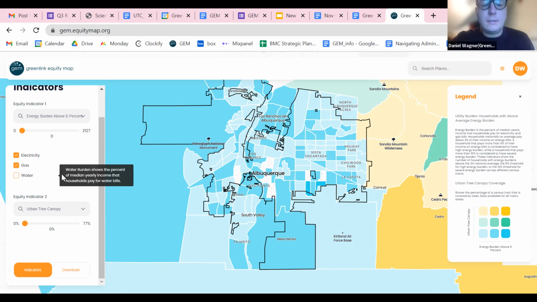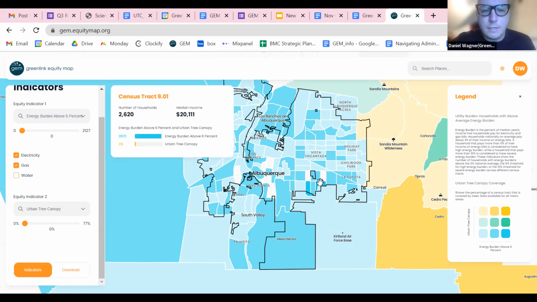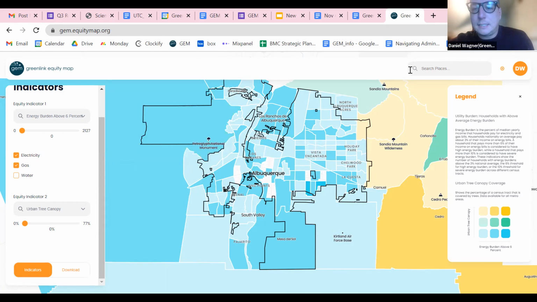But we found, similar to probably other places, there were correlations between high energy burdens and low tree canopies, and also correlations of heat index along with the canopies. Be interested to hear how things went with you, Jelly, and your group.